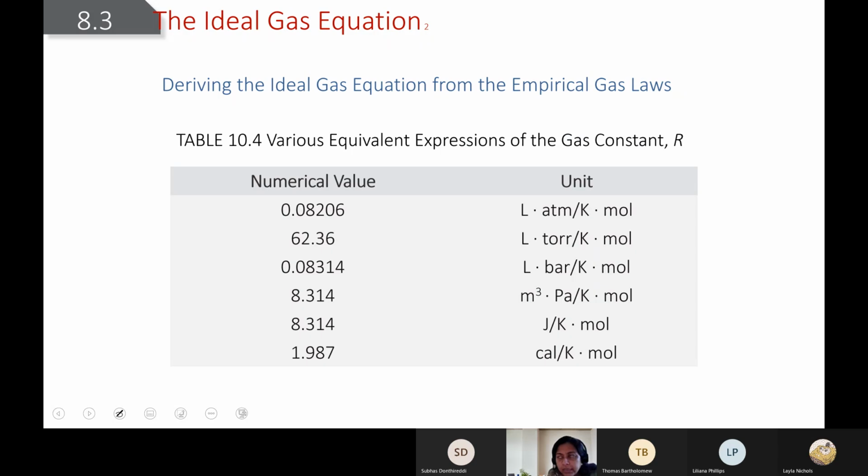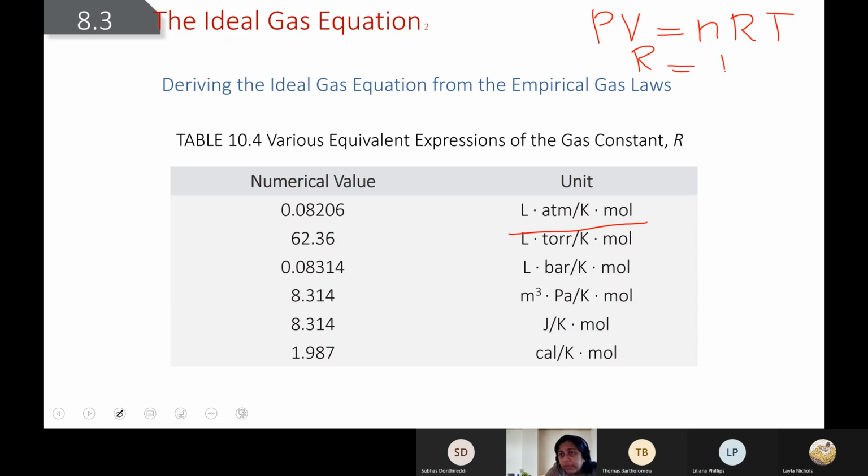The value for the ideal gas constant can be given in different types of units. Let me use PV equals nRT. If I solve for R, I am trying to get the units for the ideal gas law constant.